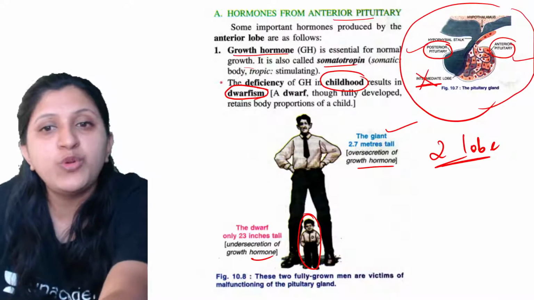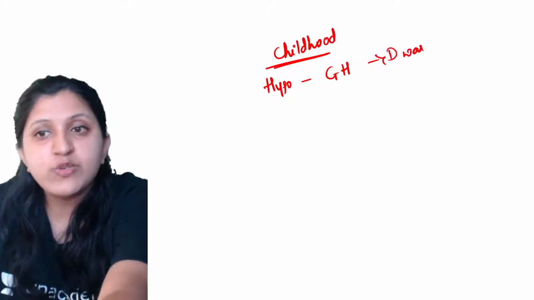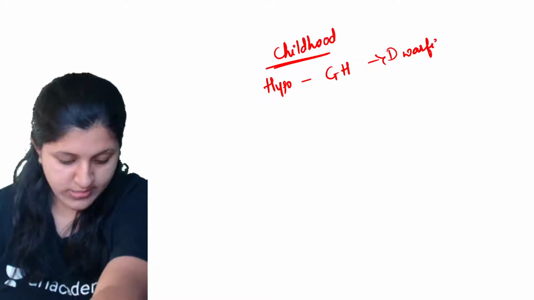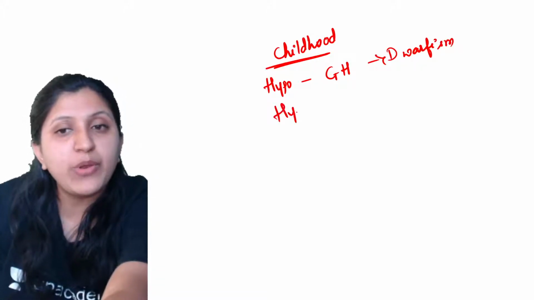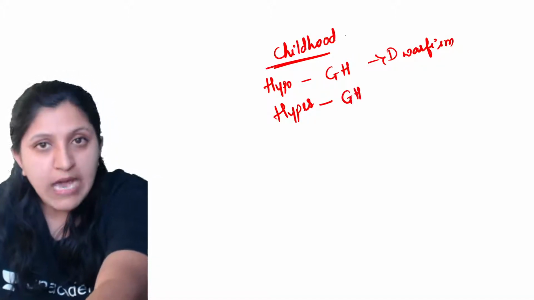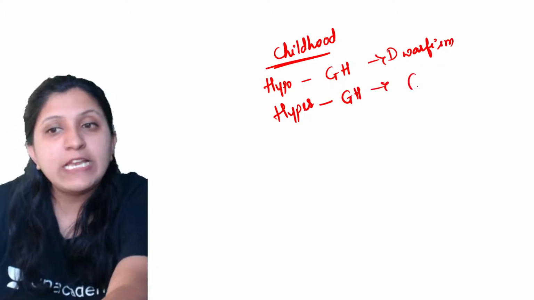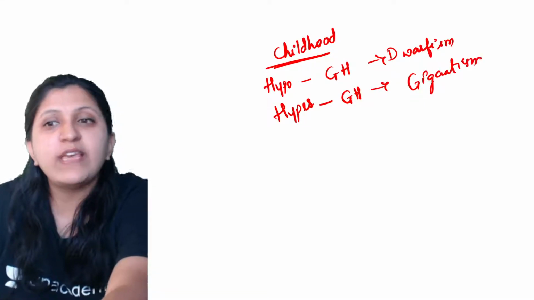It will lead to dwarfism. Same way, if hypersecretion of growth hormone is occurring in childhood, then it will lead to gigantism. A gigantic body is formed there.